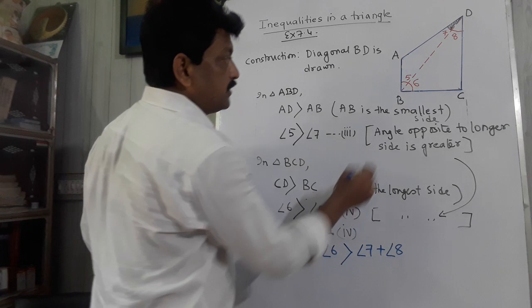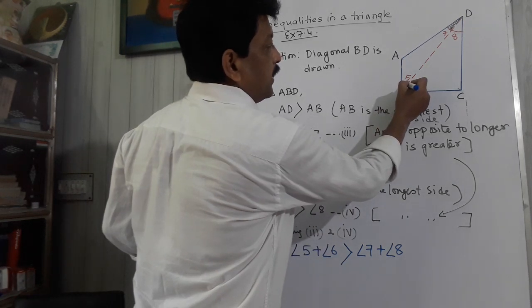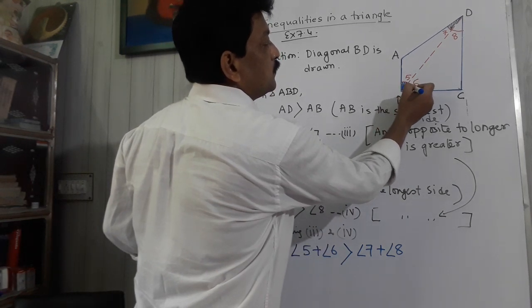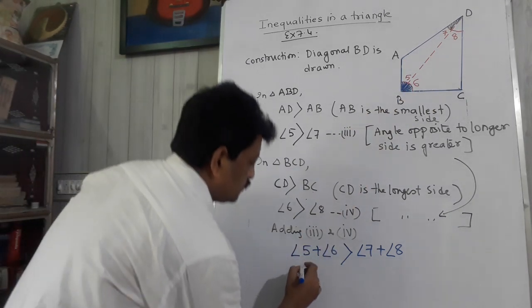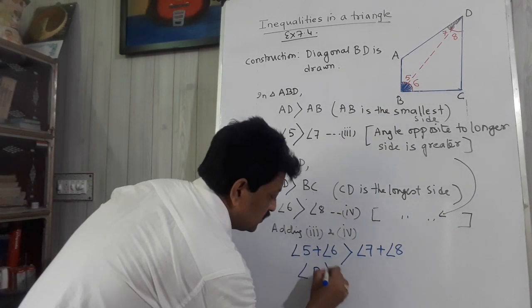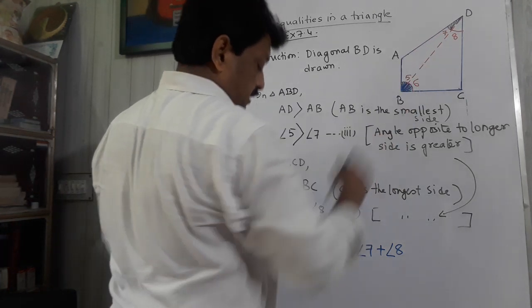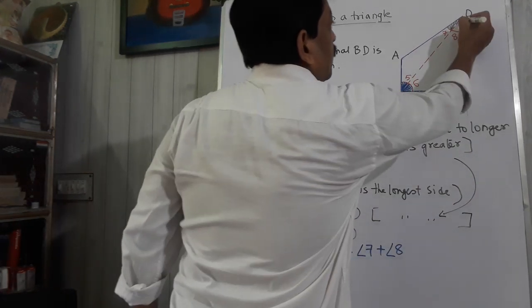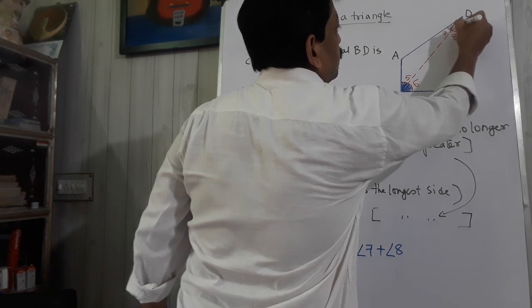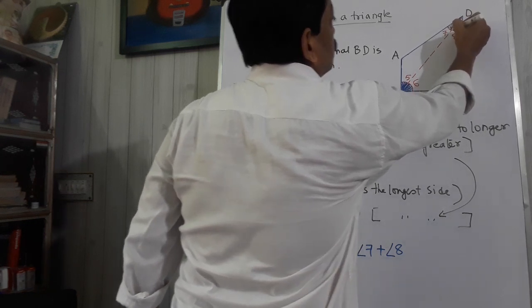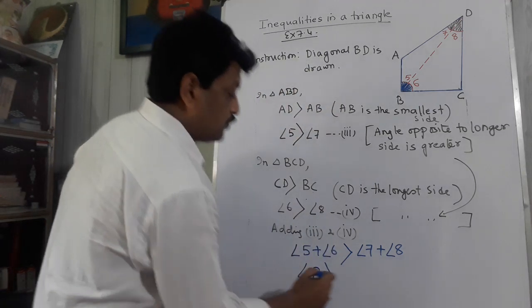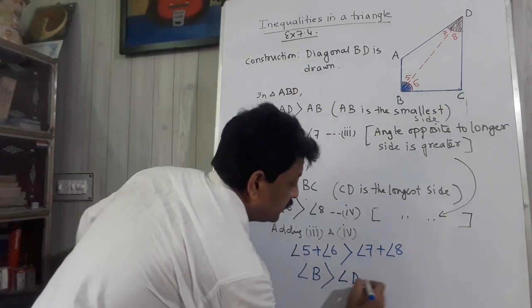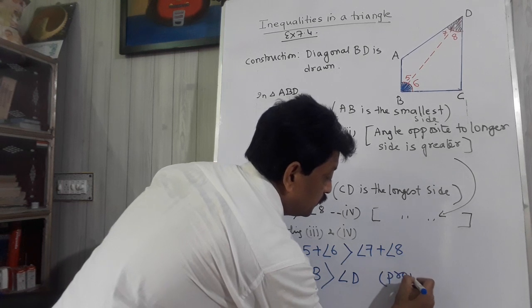Now what is 5 plus 6? 5 plus 6 means this whole angle. So what is this angle? B. So this is angle B, greater than 7 plus 8. 7 plus 8 is the whole angle D. So it is angle D. So this one is also proved.